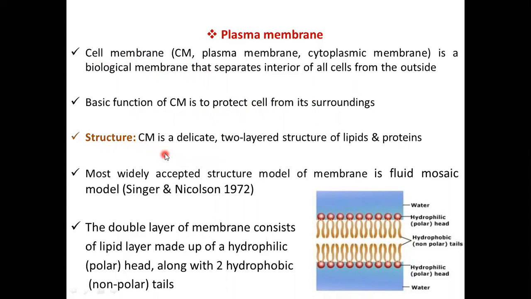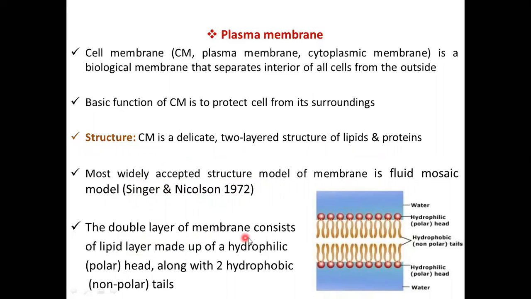The structure. The cell membrane is a delicate two-layered structure of lipids and proteins. The most widely accepted structure model of the membrane is the fluid mosaic model, which was shown by Singer and Nicolson in 1972.